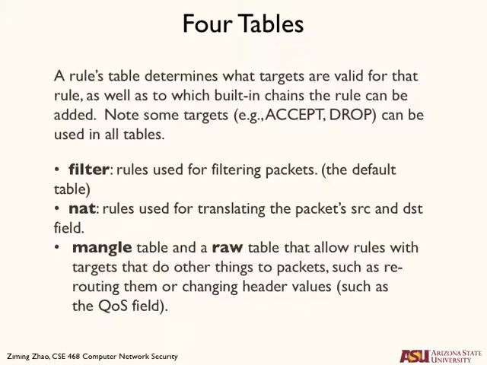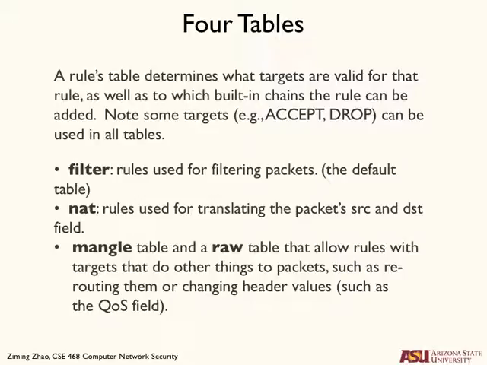Besides those chains, iptables also has another way to group rules, called tables. Chains are a way to group the rules based on when to process them, and tables are another way to group rules based on what kind of actions are valid for each rule.